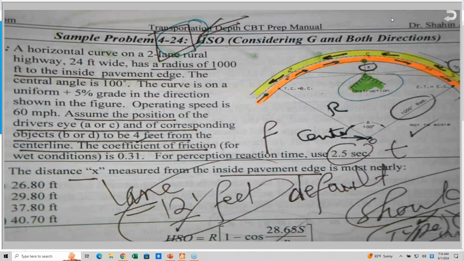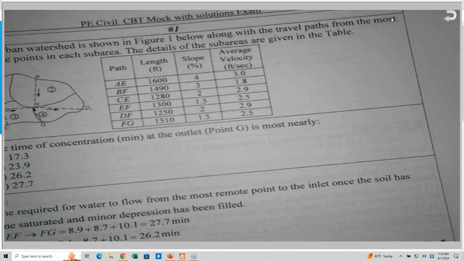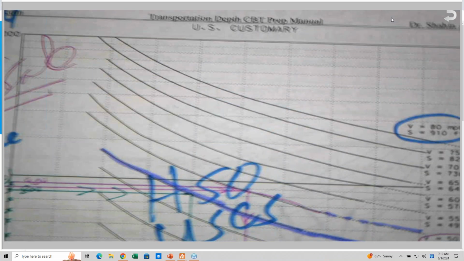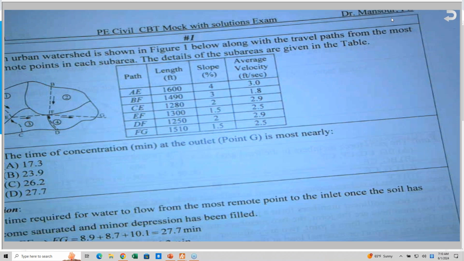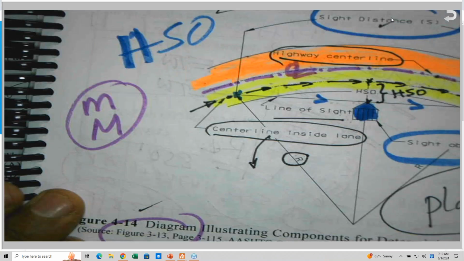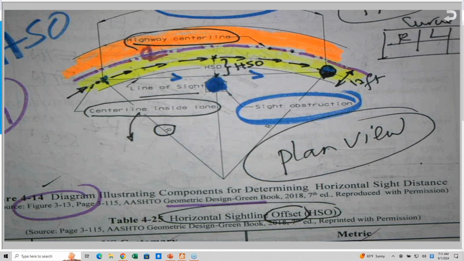So the AASHTO book, and let me get the picture as given in the AASHTO book, which I also colored. Here it is. This is Figure 3-13. This is in my book, but if you need the original, I believe I have it here somewhere. Hopefully I can find the book in 22 seconds.